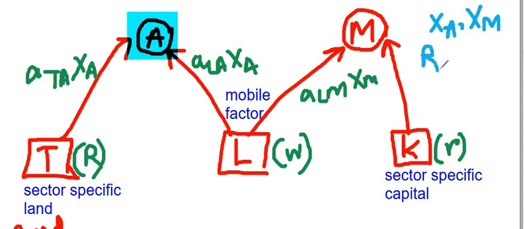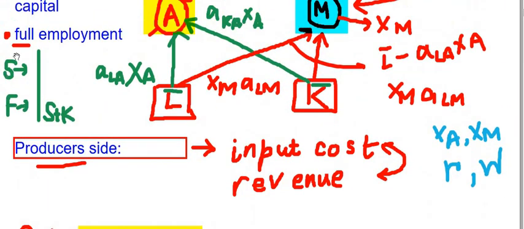So we have capital R along with small r and small w to be determined. Again, the number of sectors equals the number of outputs to be determined, and the number of factors gives the number of factor prices to be determined.